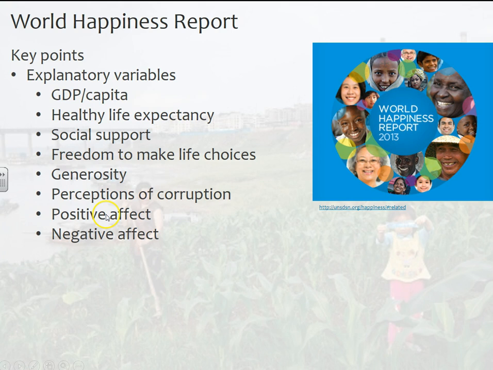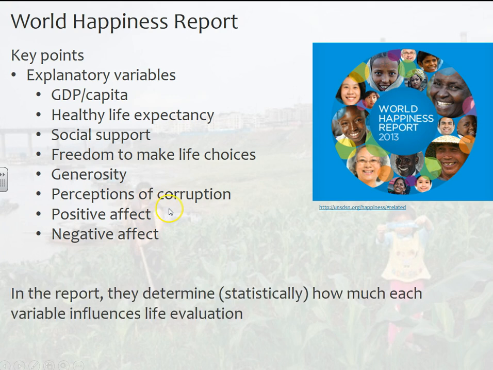Because the goal of the report and the people that created it is to promote development, promote quality of life. So they try to figure out as much as they can what actually leads to people having a high level of happiness, which to them basically means a high quality of life. They do statistical analysis and figure out how much each of these factors impacts happiness.